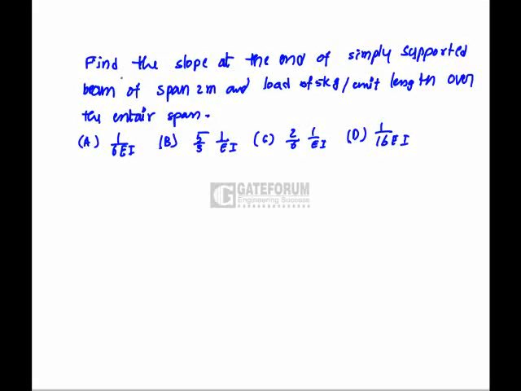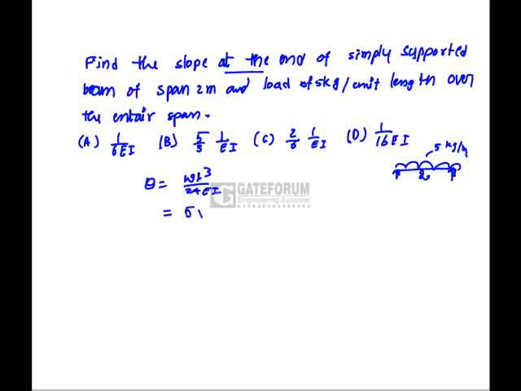The question is, we have to find the slope at the end of a simply supported beam of span 2 meters and load of 5 kg per unit length over the entire span. We know the slope of a simply supported beam, theta, is equal to W L cube by 24 EI.